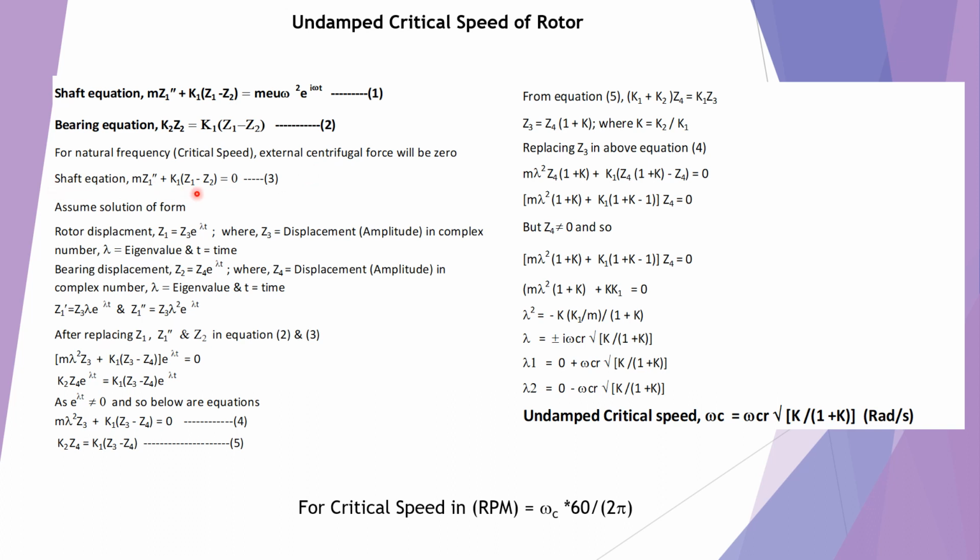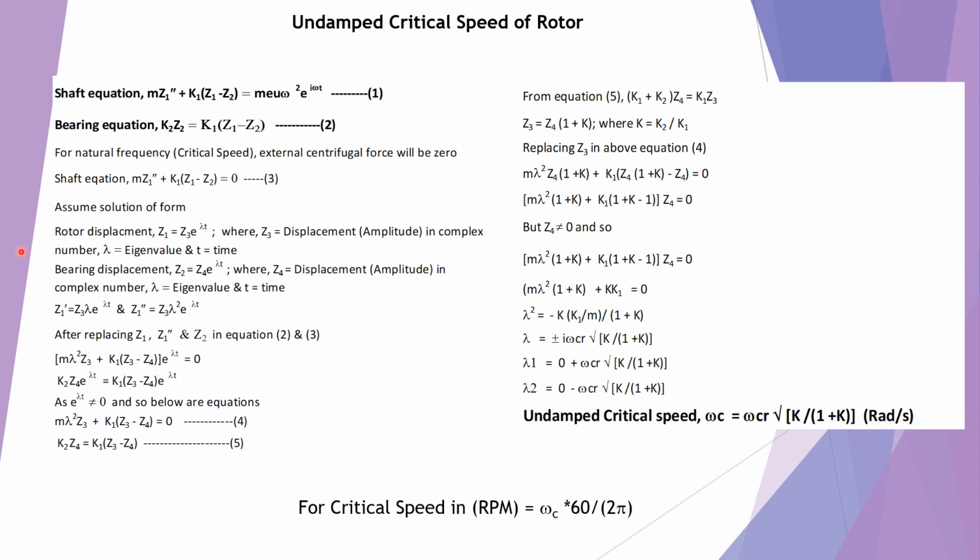For natural frequency or critical speed, the external centrifugal force will be 0. So in equation number 1, this will be 0. So we can write the shaft equation as m z1 double differentiation plus k1 bracket z1 minus z2 bracket close is equal to 0. This is equation number 3.